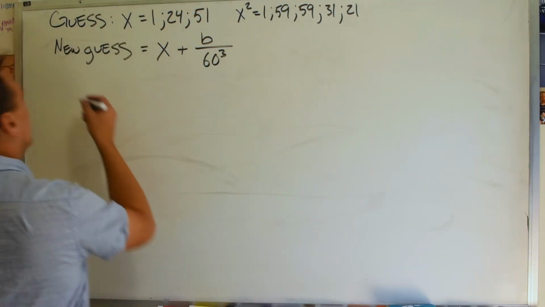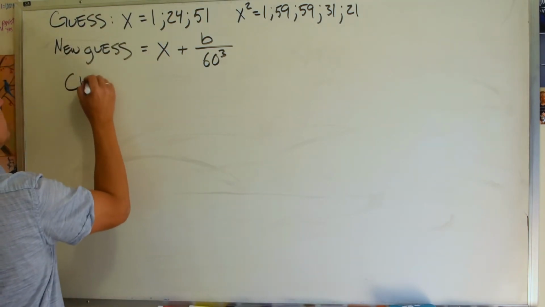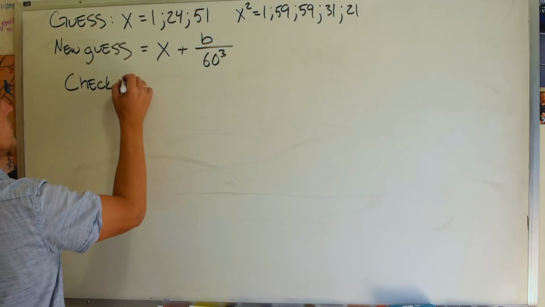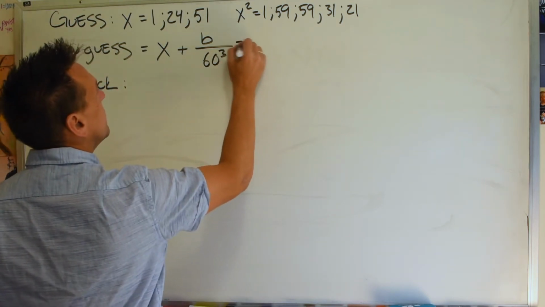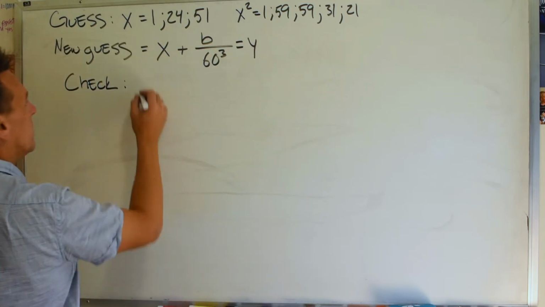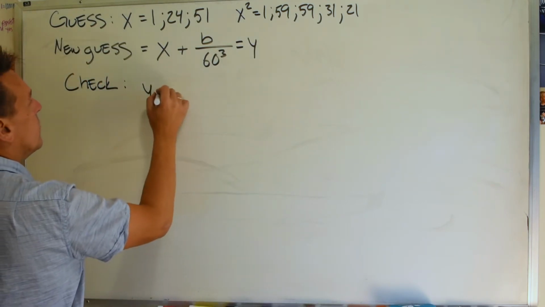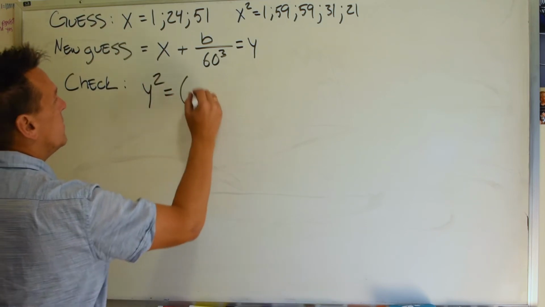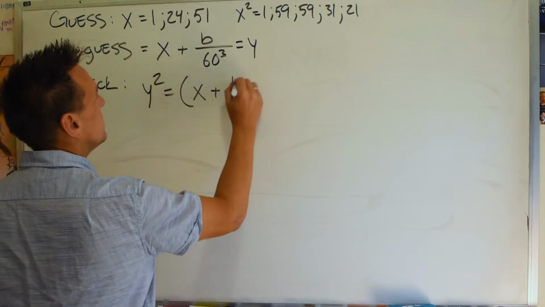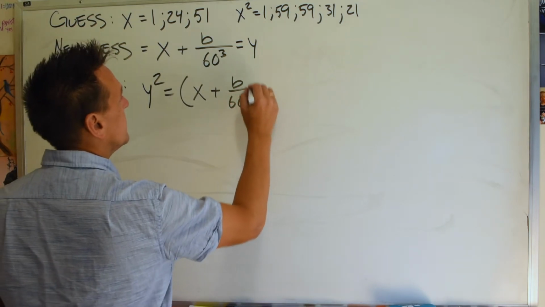And what I want to know is, again, like I did before, to check, I guess if we call this whole number y, so y squared, if I want to check it, what I need to do is square x plus b over 60 cubed.